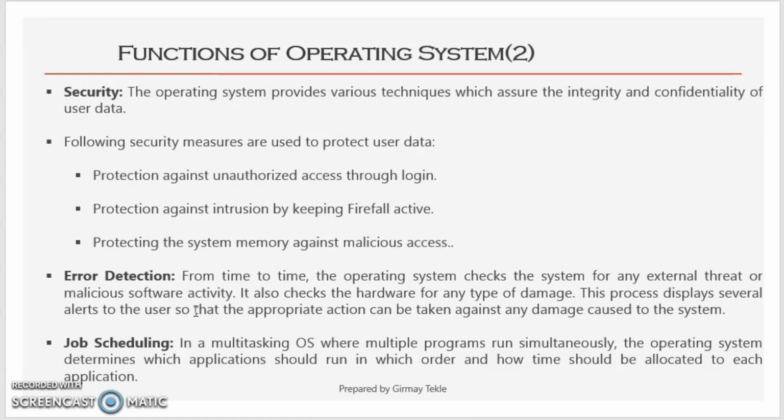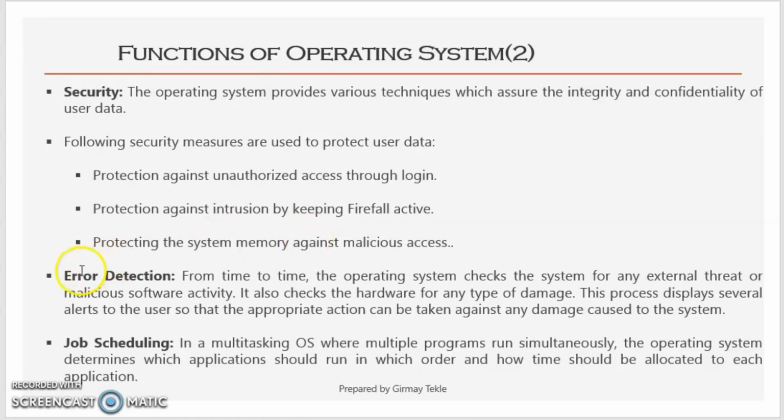The operating system leads us to access that data by login, to protect against intrusion, to protect our resources, our assets, our data against malicious access. All these security aspects of our assets, our data files, our documents in general, which are stored on the machines, are the security roles of the operating system.